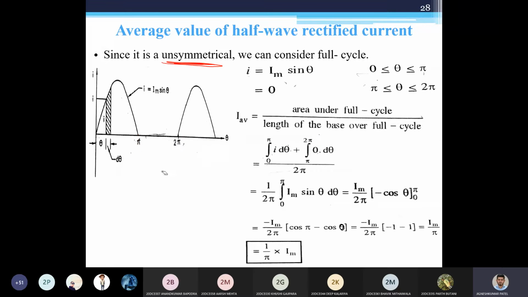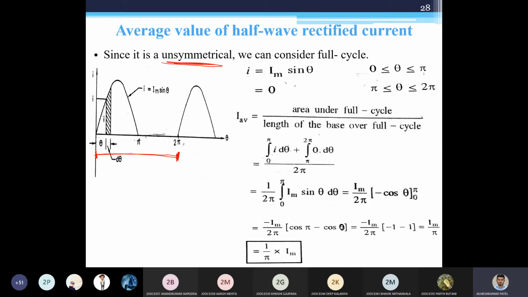Now how do we find the area under the curve of an unsymmetrical wave? In this case, I have to take the full cycle from here to here and then calculate the area under the curve.